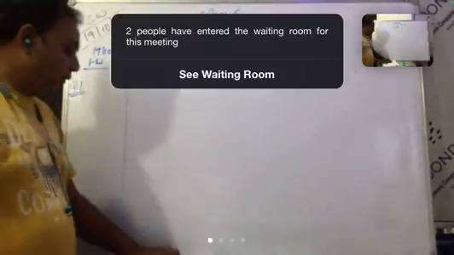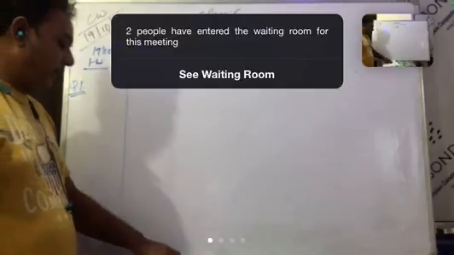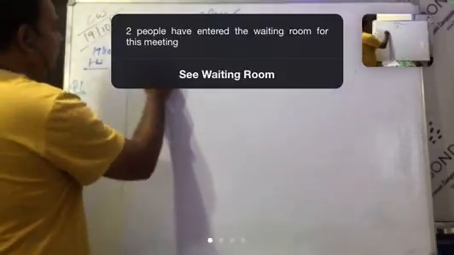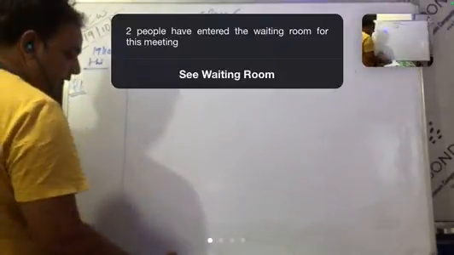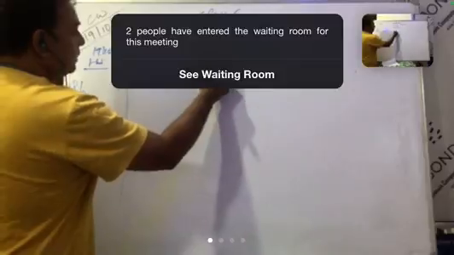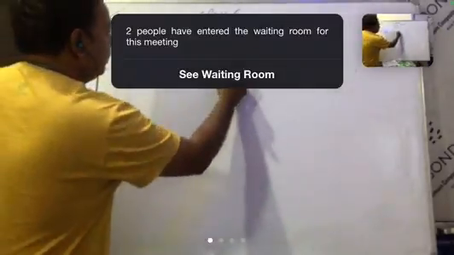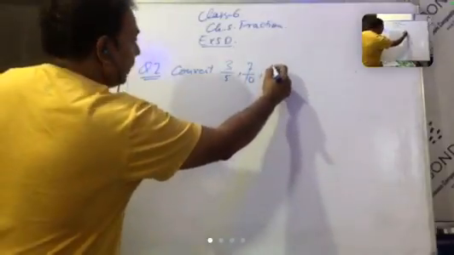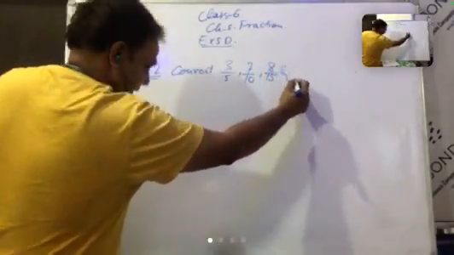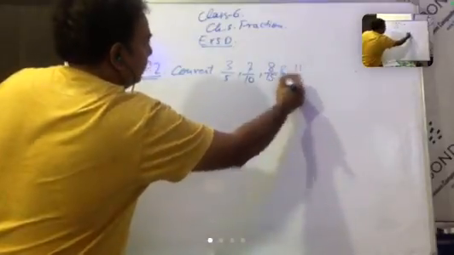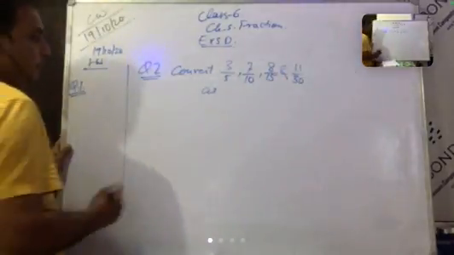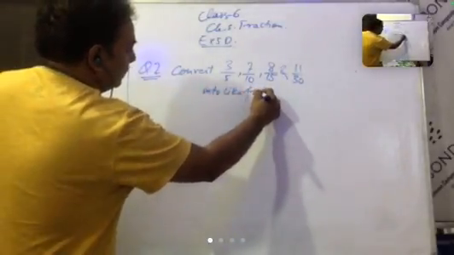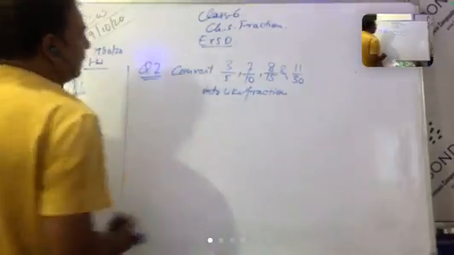Now question number 2: convert 3 upon 5, 7 upon 10, 8 upon 15, 11 upon 30 into like fractions.